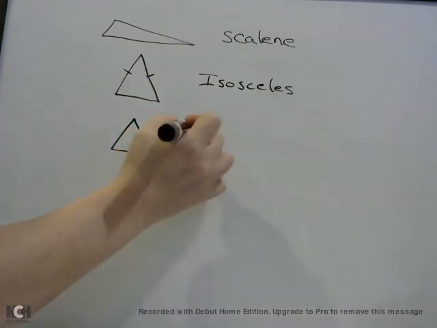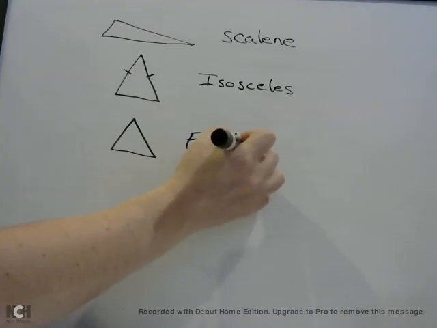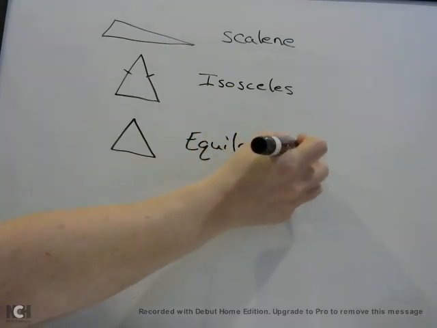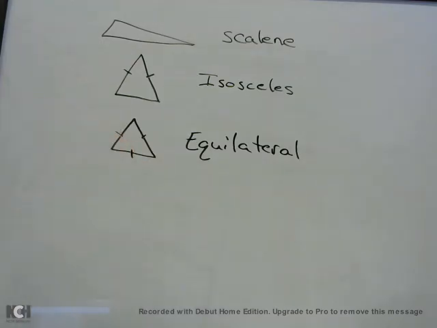And with an equilateral triangle, all of the sides have the same length. So the length of that is the same as the length of that is the same as the length of that. So here's definitely a term that you need to know, because you might again just get a word problem that says you have an equilateral triangle with side of length 8.